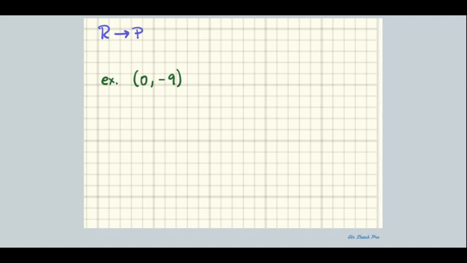That's R, guys. R is 9. Got it? Now it's straight down, right? What angle would take you straight down? 270 degrees. So you know by inspection what the polar coordinates are.